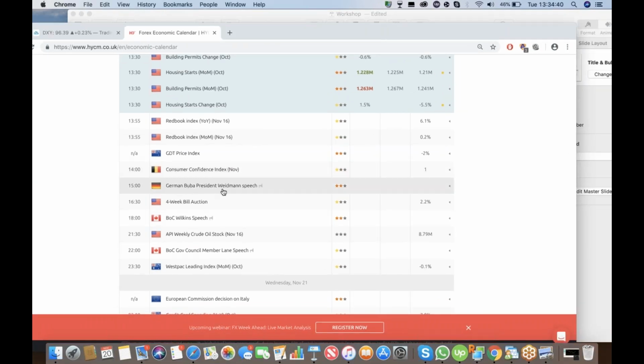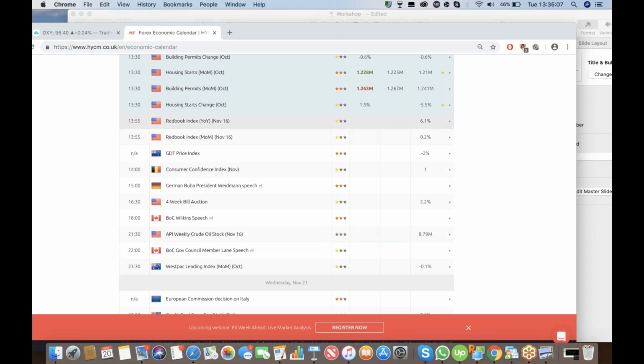The German President Weidmann's speech might be worth looking at, but not typically moving at all. What else have we got? The weekly crude oil stock is coming up tonight. That can be market moving, but that's coming up at 9:30. That's the private inventory data for oil. And we have a Bank of Canada Council member Lane's speech.